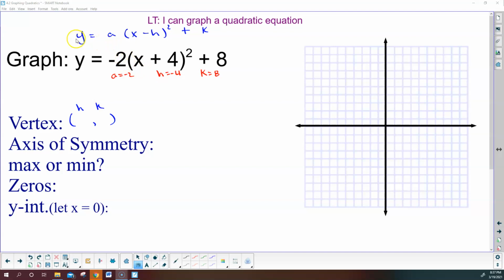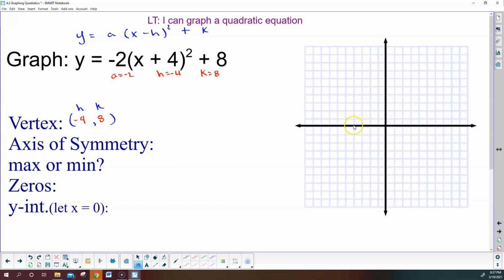Okay, so my first step is just recognizing that this is in the vertex form, a, h, and k. Notice h is the only tricky one. It's opposite of the way it reads. So x plus 4 tells me h is equal to negative 4. And then k is exactly what it says. So there's my vertex, negative 4, comma 8.